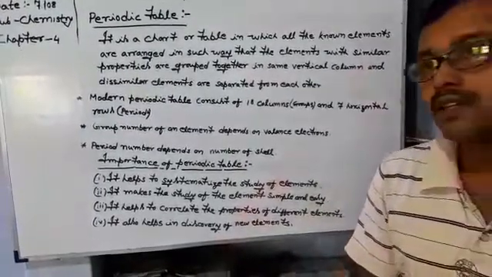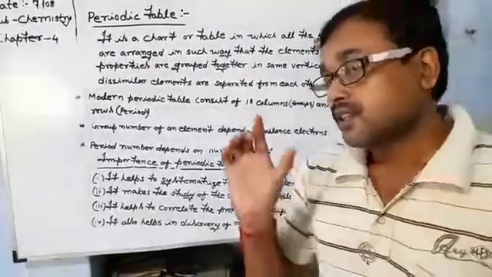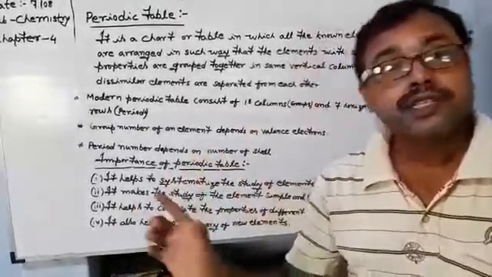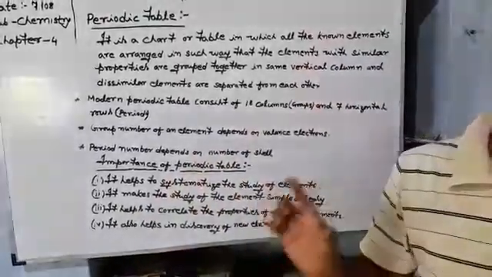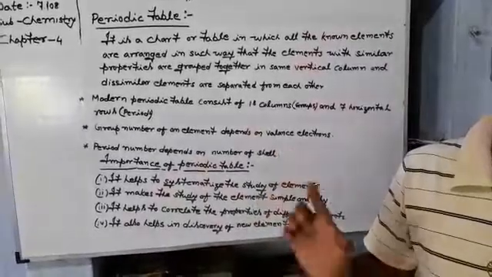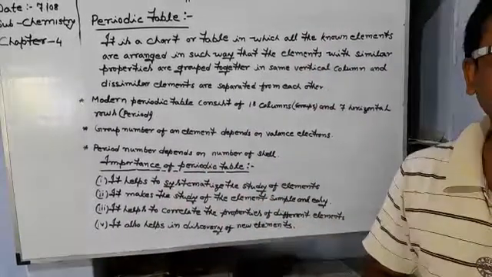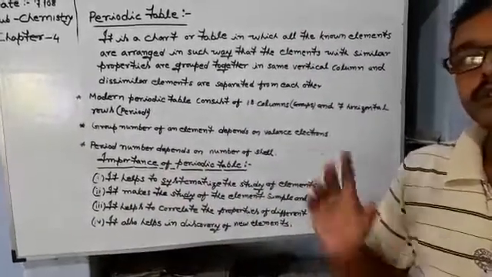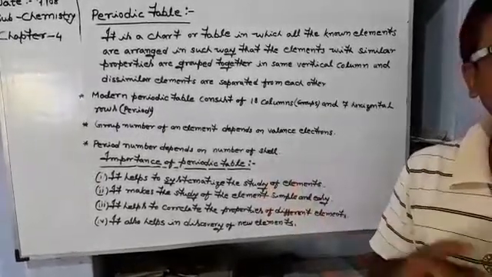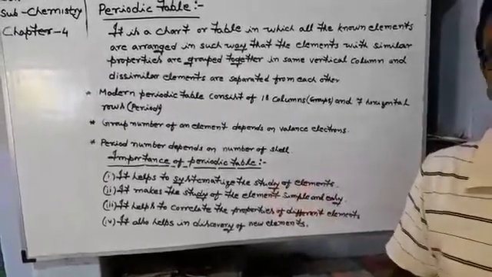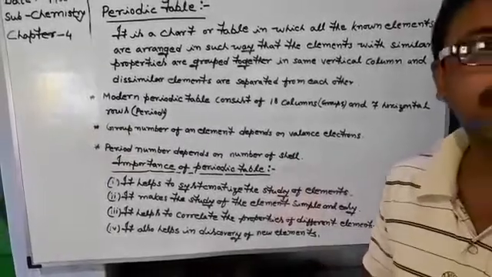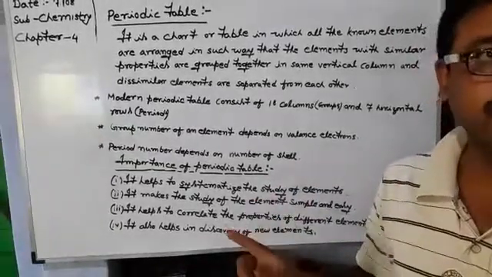The period is decided on the basis of the number of shells present in the atom of the element. For example, again sodium. In sodium there are 3 shells. In the first shell 2 electrons are there, in the second shell 8 electrons are there, and in the third shell 1 electron is there.